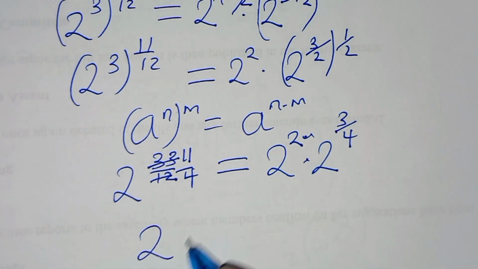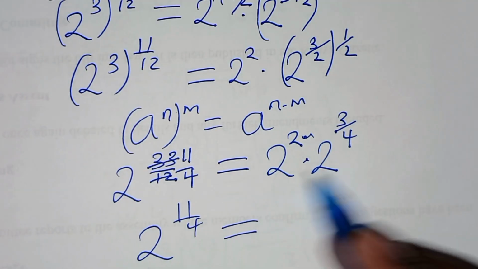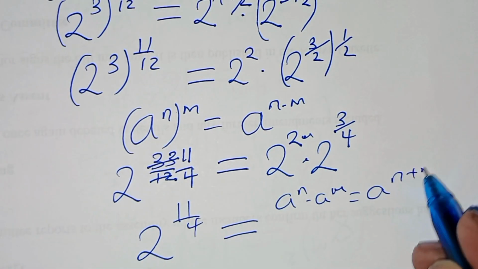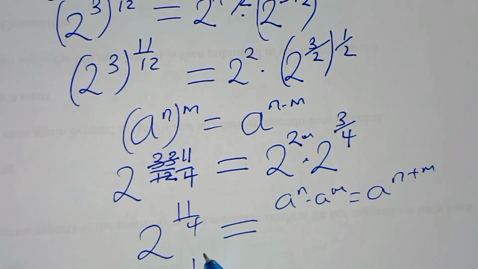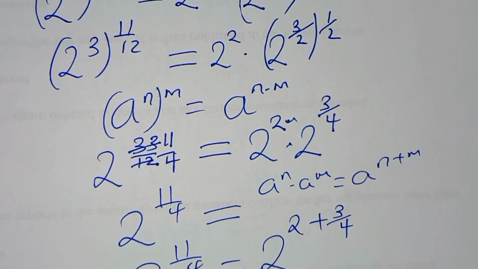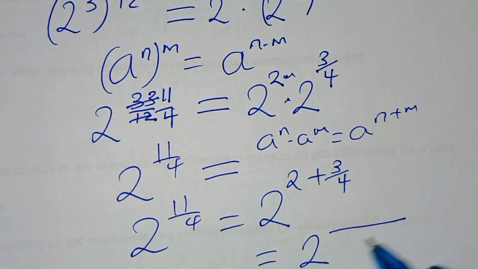So here we have 2 to power 11 over 4. This is equal to, now this is in the form of 8 to power n times 8 to power m, which you can express as 8 to power n plus m. So 2 to power 11 over 4 is equal to 2 to power 2 plus 3 over 4. So here we have that the LCM here is 4.